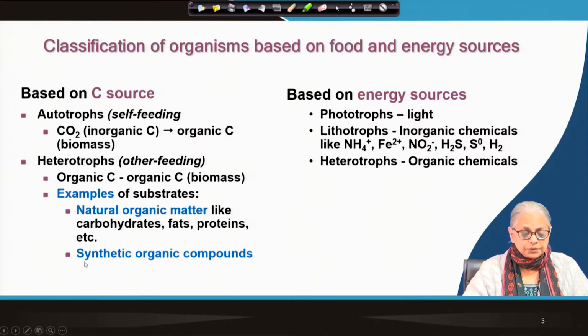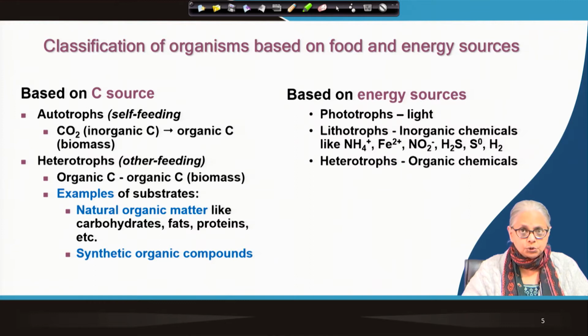Microbial organisms, microorganisms, are going to be able to utilize natural organic matter, which comes in the form of carbohydrates, fats, proteins, any type of natural organic compounds. These organisms, especially bacteria, which we will go into some detail about later, can also be acclimated to use synthetic organic compounds.